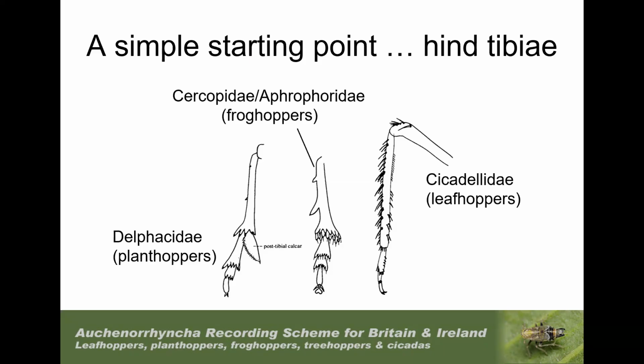If you look at the hind leg on the right-hand side, which is a typical leafhopper, you'll see that the leafhoppers, Cicadellidae, have these rows, certainly one, usually two rows of backward pointing spines running all the way down the hind tibia. The middle group, on the other hand, which are the froghoppers, the Aphrophoridae and the Cercopidae, instead have just a couple of fairly large, stout, backward pointing spines on the hind tibia, and then a little group of backward pointing spines at the end of the tibia where it meets the first tarsal segment.